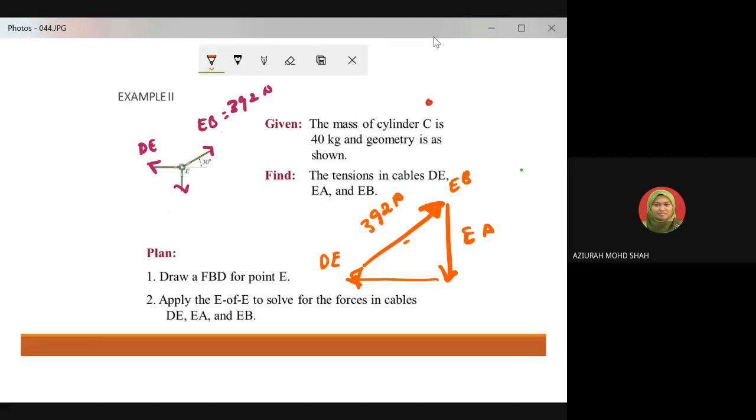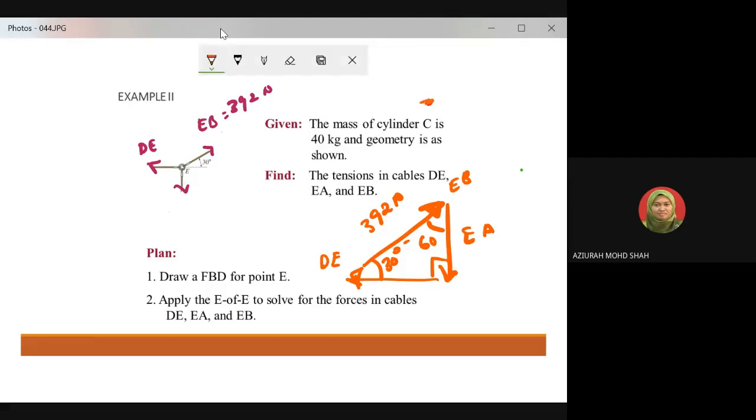Okay. What is the angle here? 30 degree. 30 degree. This is 90. Obviously you know this is 60. Okay, this is 90. So, by using sine law, you can find DE, EA dan EB.